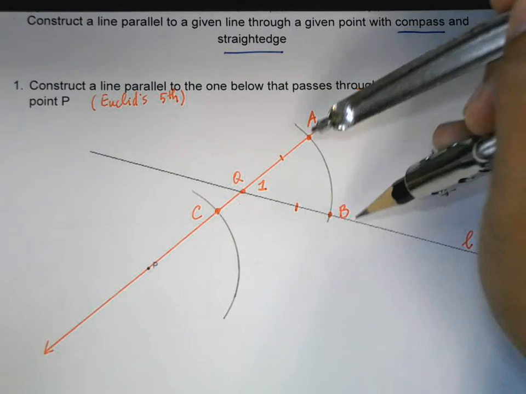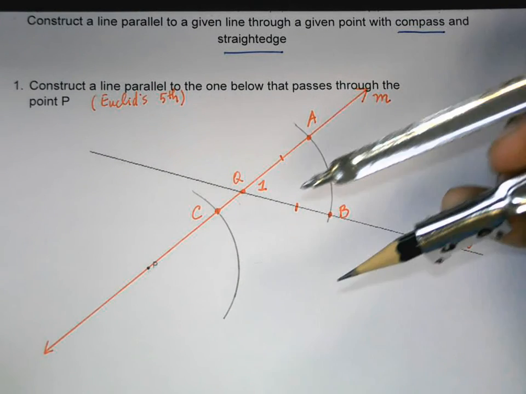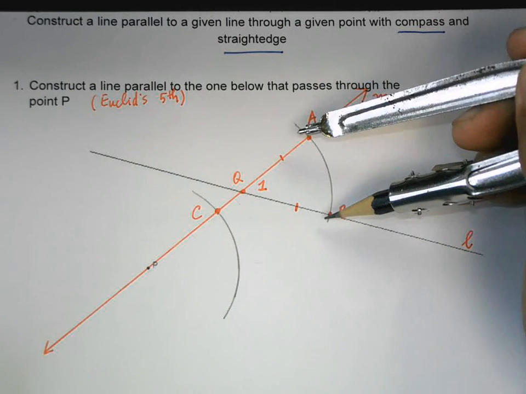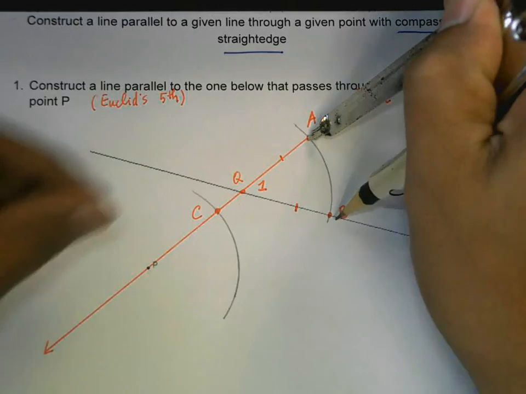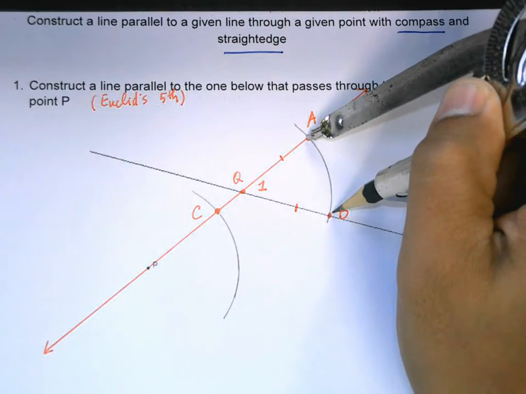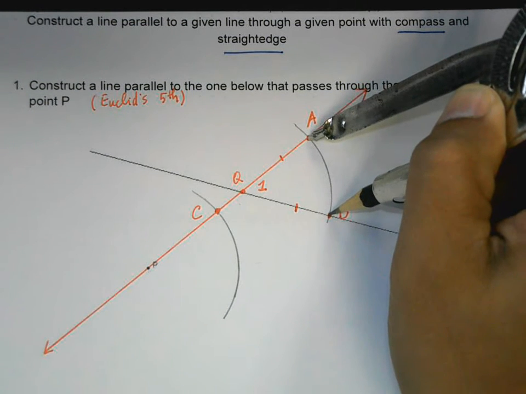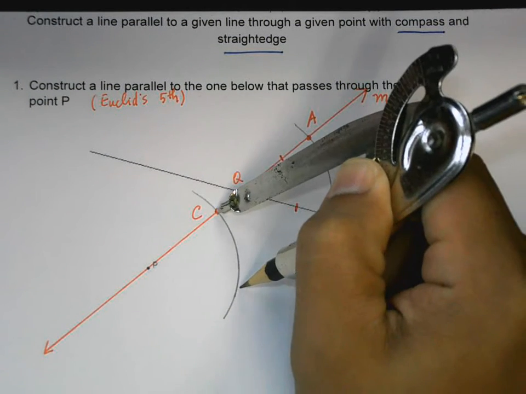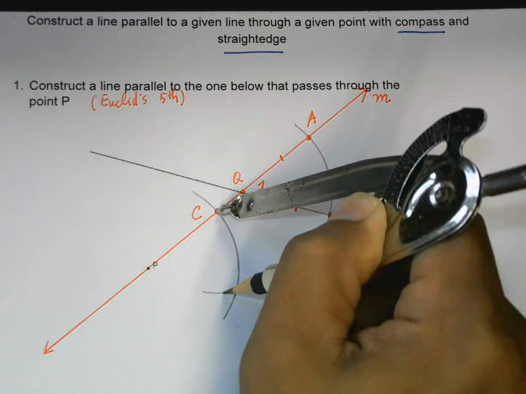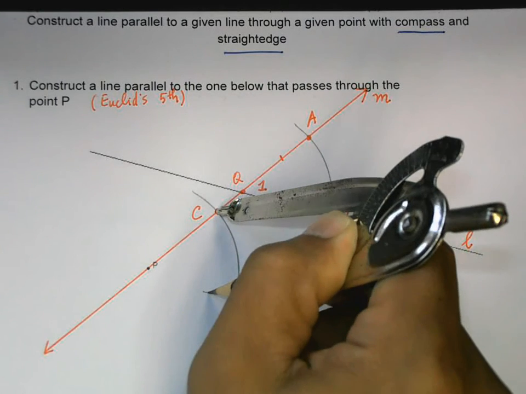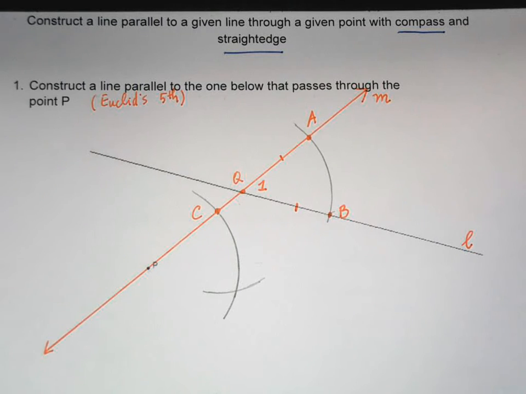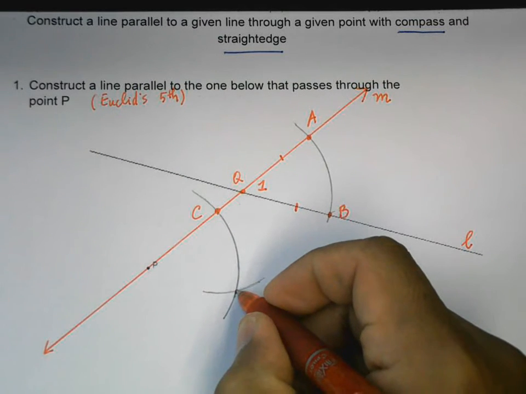So we're going to use another technique, taking advantage of the fact that A and C are corresponding, and B must be a fixed distance from A. So I'm going to set my compass with the needle point on A and the pencil point on B, and then transfer it over here to point C with the needle on C, and construct this arc. Where the two arcs intersect is where I am going to place the corresponding point of B. Let's call this D.